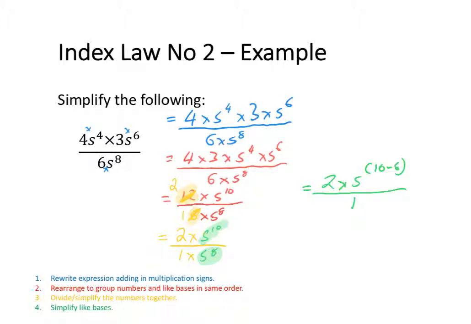Because I'm now dividing by 1, I no longer need my denominator, so I can cross that out. That simplifies down to 2s to the power of 2. So 4s to the power of 4 times 3s to the power of 6 divided by 6s to the power of 8 simplifies to 2s to the power of 2.